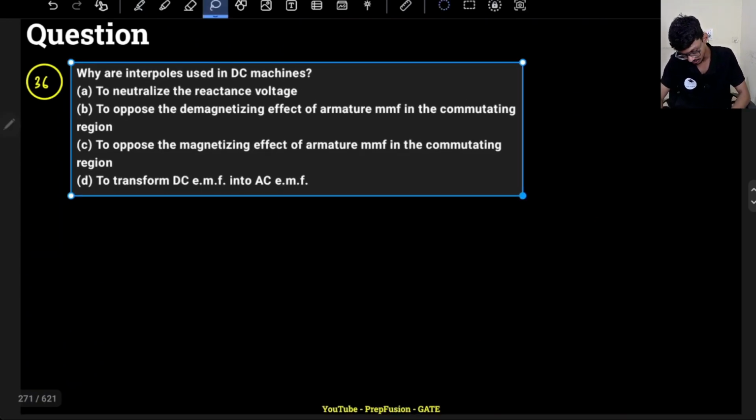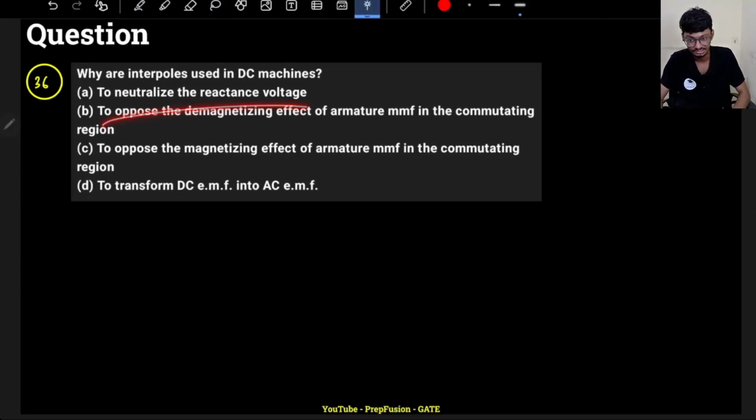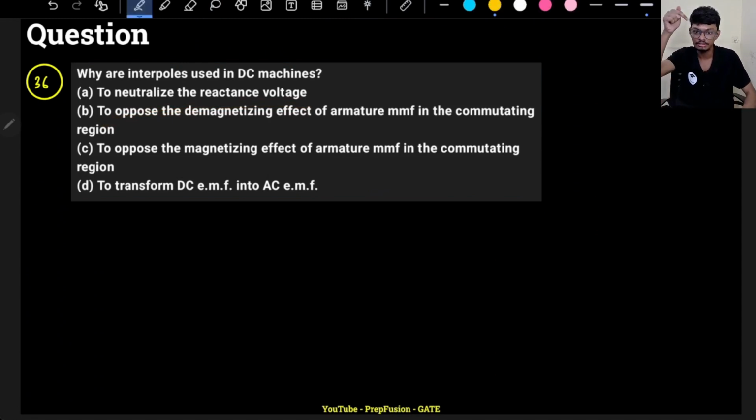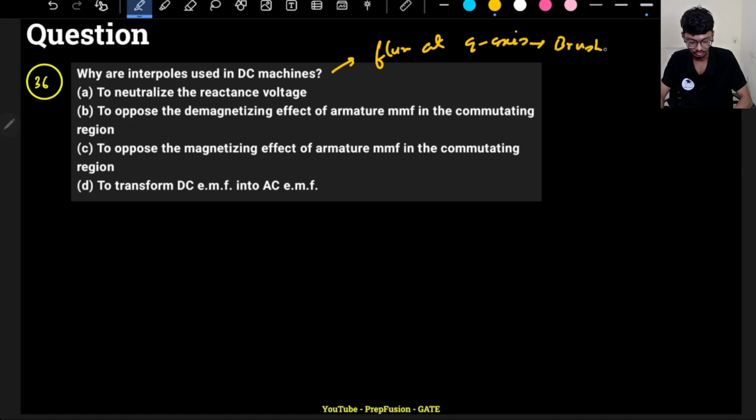Why are interpoles used in DC machines? To neutralize the reactance voltage. Kind of yes, because we improve the commutation, we improve the flux at the q axis. At the q axis, brushes are present. What do brushes do? Help in commutation.